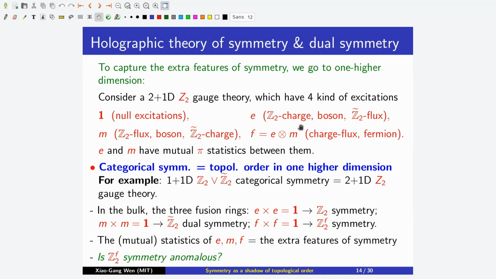It's much better to look at those actual features beyond the fusion ring using the F symbol, R symbol, and category language. Then all these actual features of symmetry become very organized. So maybe that's the main point. From this very simple model, if you really push hard, you can see a glimpse of those actual features and the direction.